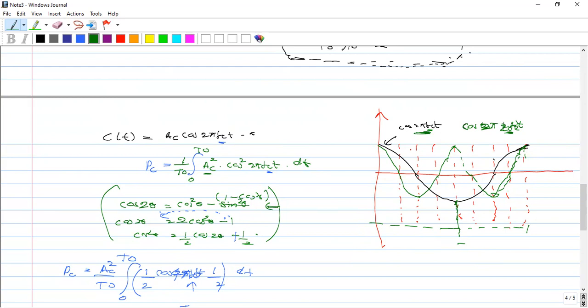So two cycles are there for this cos 4π fc t signal. I hope it is clear for you.